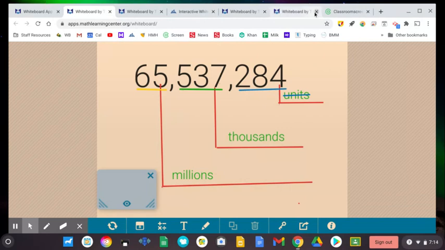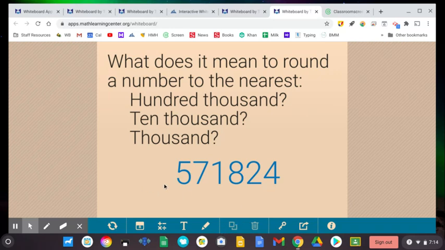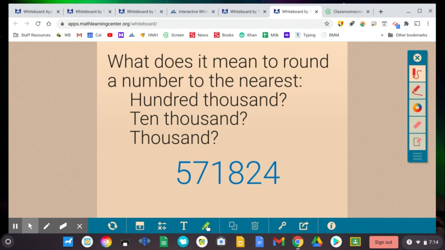Going back to the number that we saw first, this number 571824. Think about this. How would we pronounce that number? I don't have a comma in there, which would make it more difficult too because it helps us see the families. But we know that we think of our numbers in groups of 3.